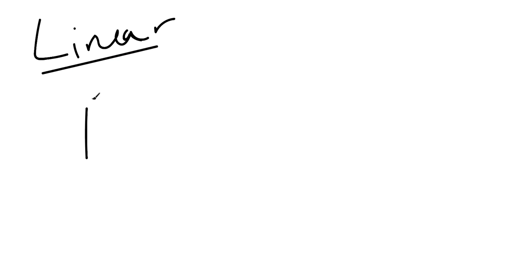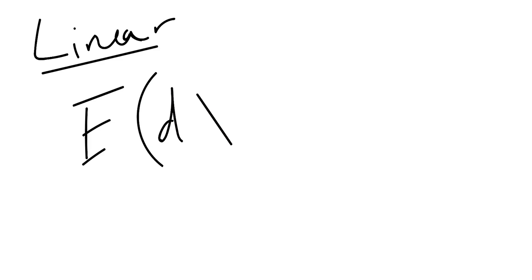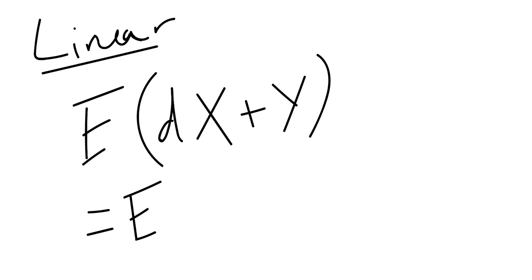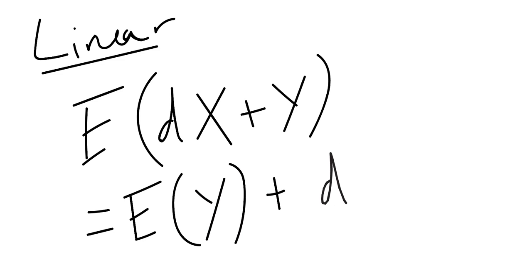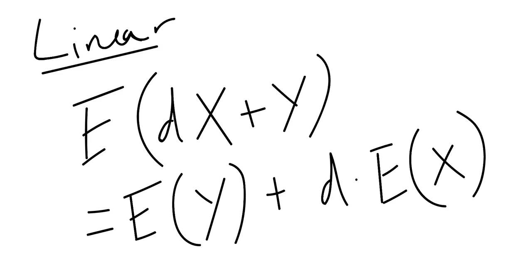First, we want to talk about the linearity of expectation. Expected value is linear. That means we can have something like the expected value of d times x plus y is equal to the expected value of y plus d times the expected value of x, right?